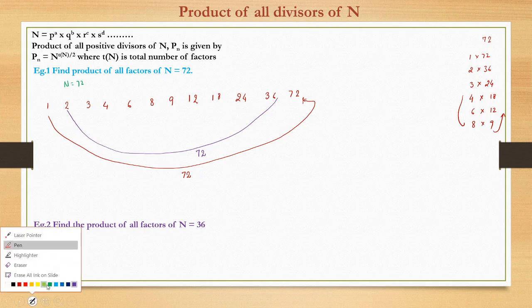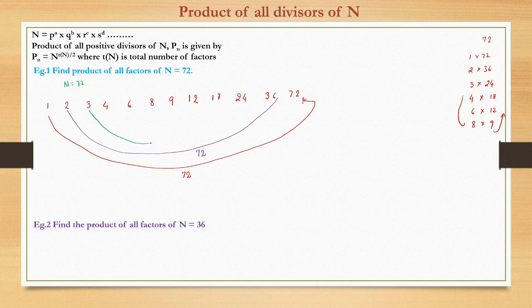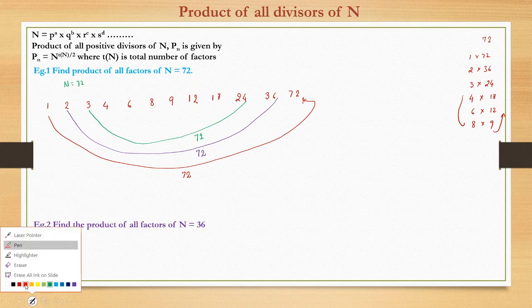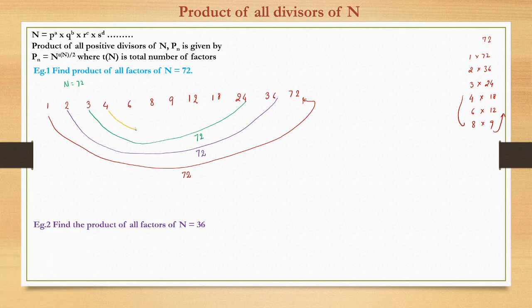Now we multiply the third term from the beginning and the third last term from the end. Again the multiplication 3 into 24 gives 72. Similarly, if we multiply the fourth term and the fourth last term, we again get 72. So same way we can see this also 72 and this also 72.